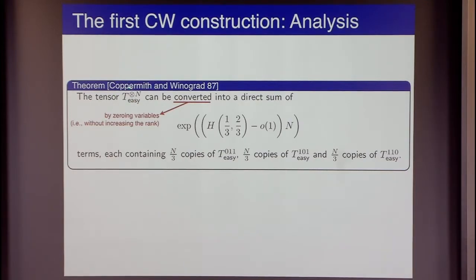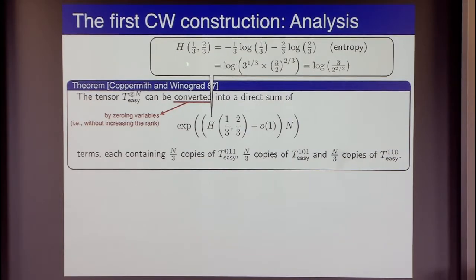So this tensor, the nth power of T_EZ, can be converted, again by zeroing variables, into a direct sum of this number of terms, and each term containing this number of copies of the first part, and this number of copies of the second part, and n over 3 copies of the last part.